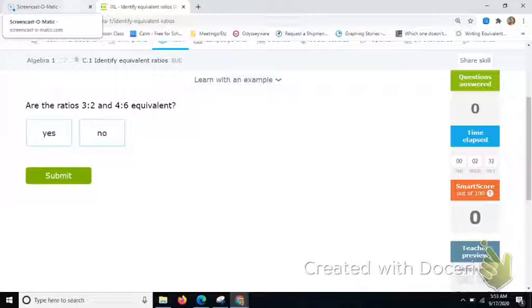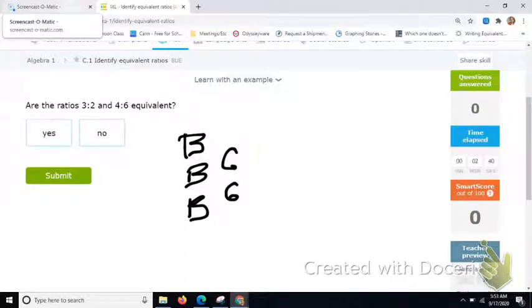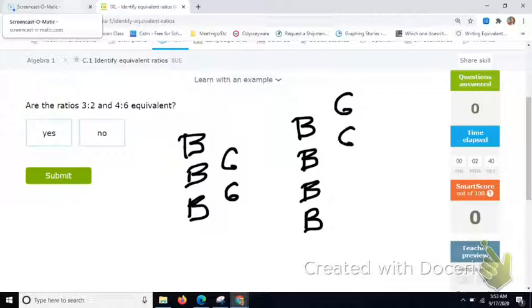And so is 3 to 2 the same as 4 to 6? So think like if I have 3 boys to 2 girls, is that the same ratio as having 4 boys to 6 girls? Those are all girls, sorry.